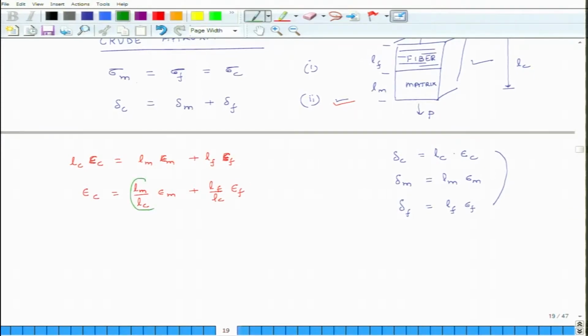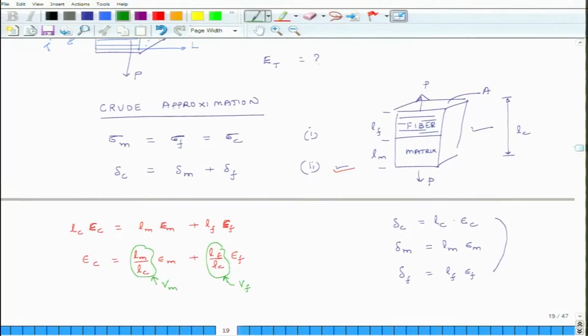Now, this is the volume fraction of the matrix, and this is the volume fraction of the fiber. Why? The volume of the fiber is Lf times the cross sectional area A, the volume of the matrix is Lm times A, and the volume of the whole thing is Lc times A. So A cancels out, and that is why we have this.